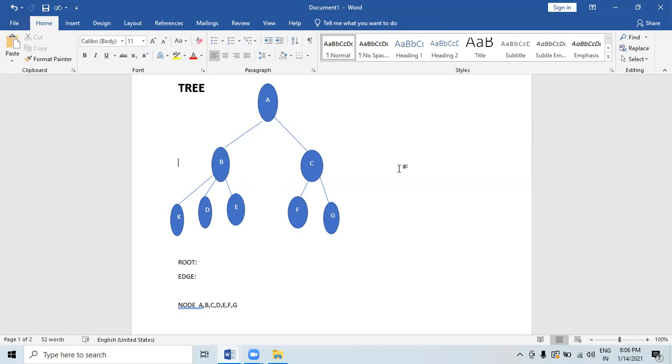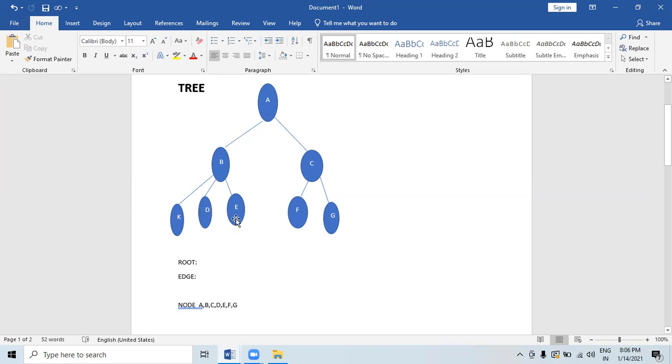Then child. In a tree, any parent node can have any number of children. In the above tree, we can see that D, E, K, F, G are children. Then sibling: children of the same parent. K, D, E are siblings, right? Because three of them have one parent, that is B. So it's called sibling.